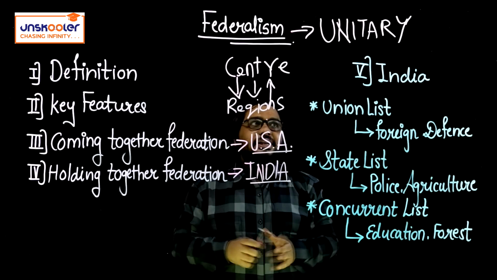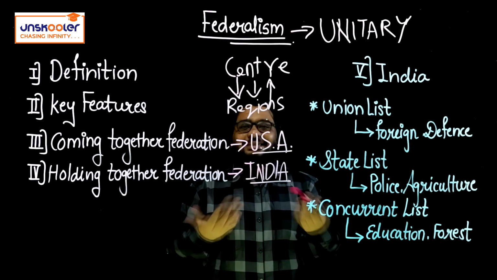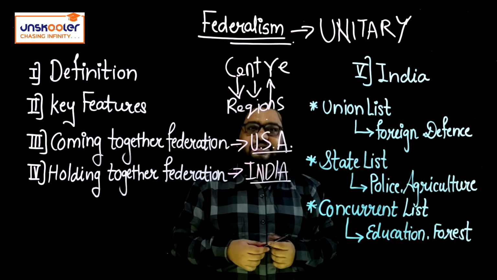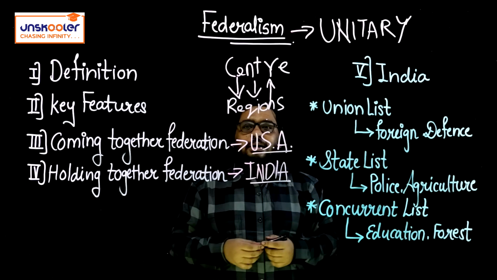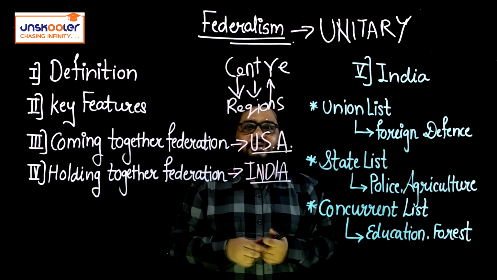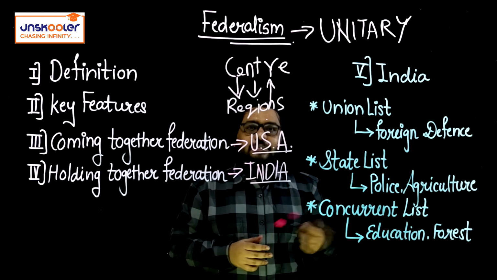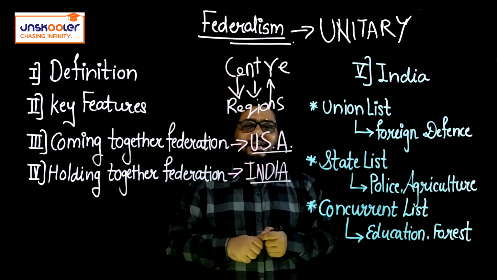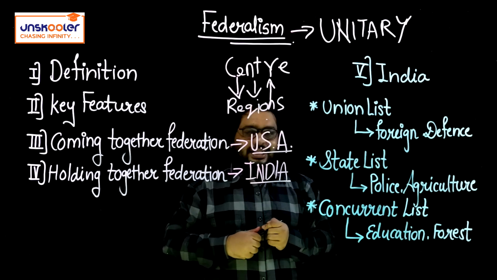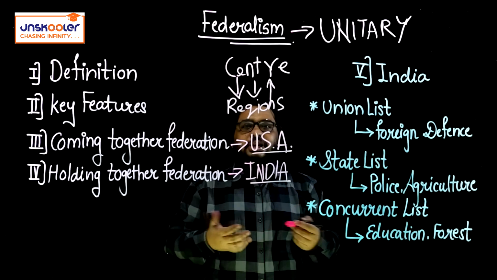It decides everything. Now, there are very few classical unitary forms of government left in the world, unless it is a dictatorial country, like for example Syria or erstwhile Libya. In the modern case, you can say one of those countries would be China, and the other would be Sri Lanka.